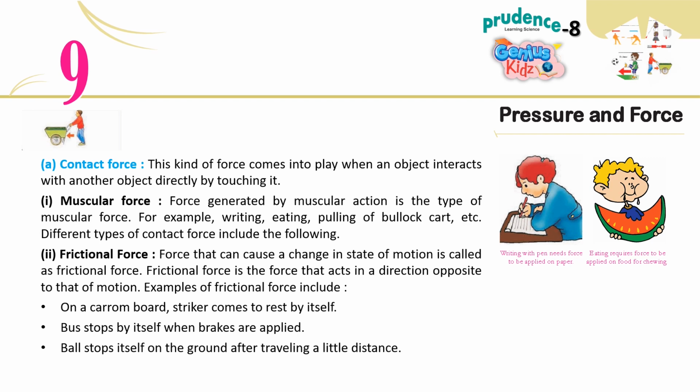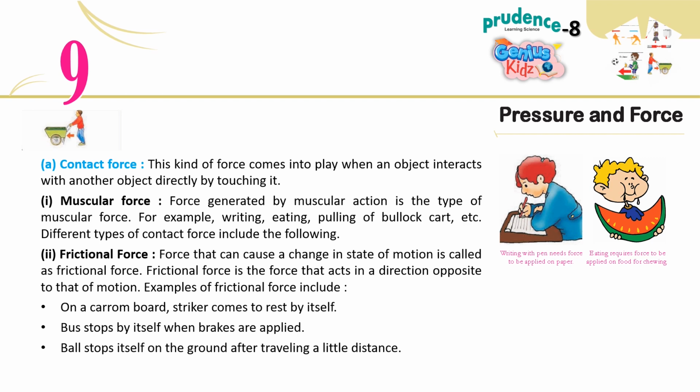Different types of contact force include the following. 2. Frictional force. Force that can cause a change in the state of motion is called frictional force. Frictional force acts in a direction opposite to that of motion.